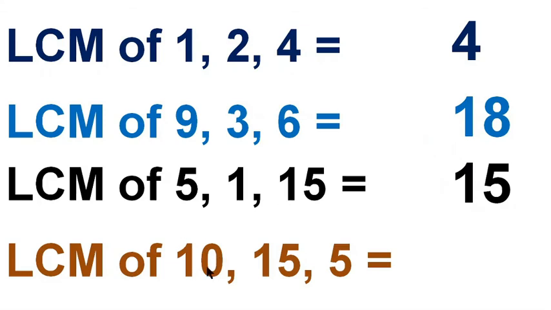Similarly here 5, 10, 15 and 5, and here greater is 15, but 15 is not divisible by 10, it is divisible by 5, so we will make 15 double, and it will be 30, and 30 is also divisible by 10, divisible by 15 and divisible by 5, so here LCM is 30.